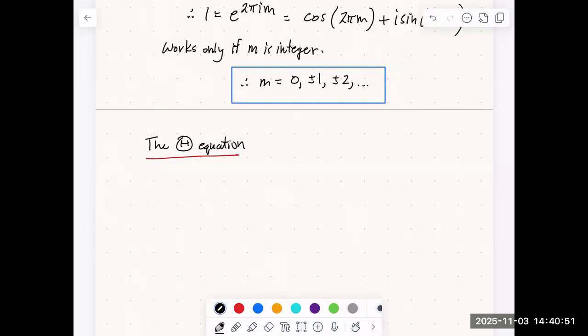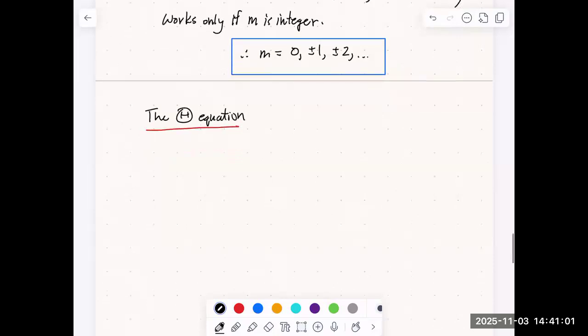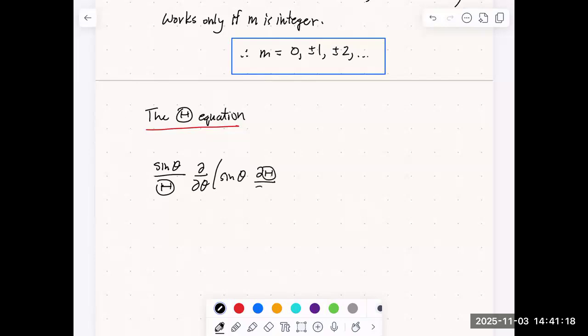That led to a recursion relation in the coefficients of different powers of x, for example. So that's the sort of approach that we'll adopt here. So, theta equation, sine theta. In fact, we won't actually do all of the steps for this theta equation. We're just going to appeal to what we've already seen before.